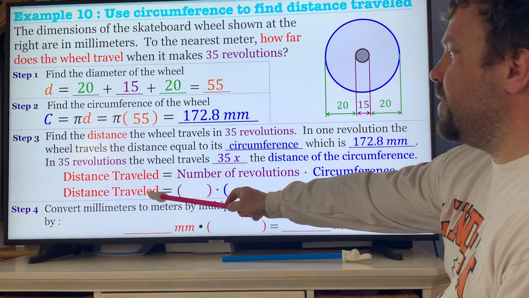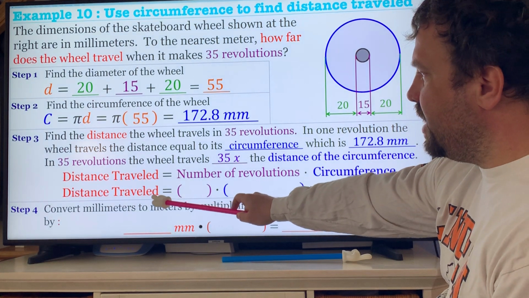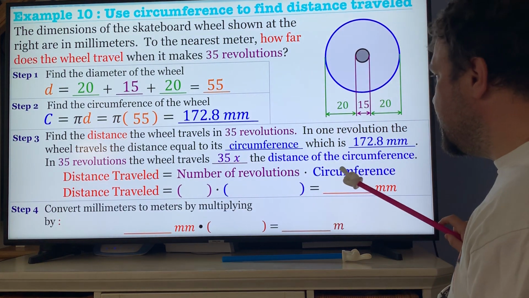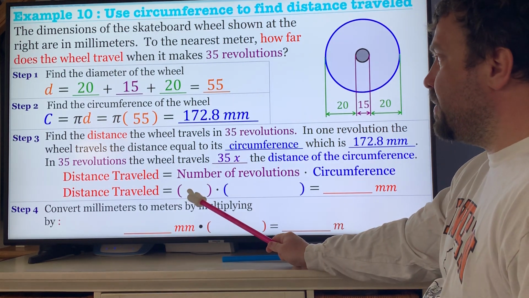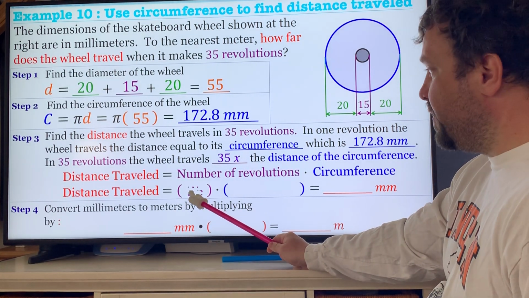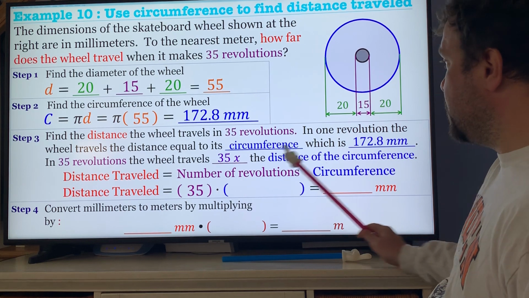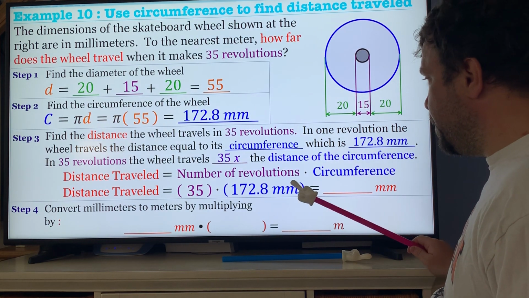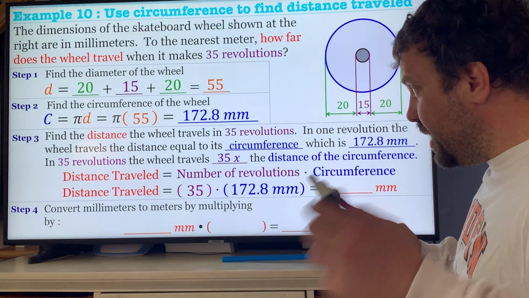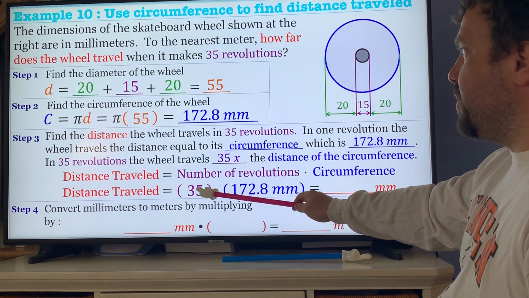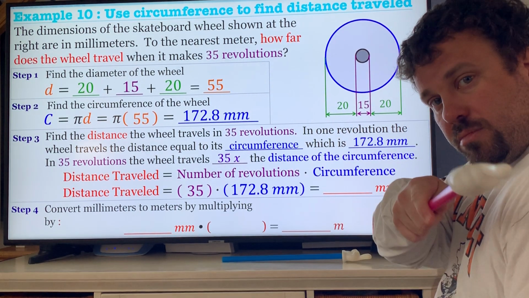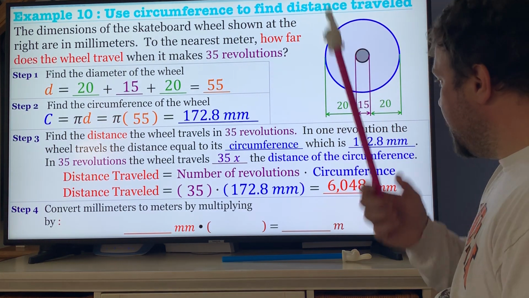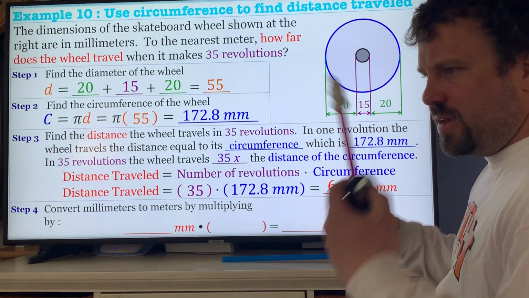So the distance traveled, and this is a formula that's really good to know, equals number of revolutions times the circumference. How many revolutions? 35. What's the circumference? 172.8. Now you don't have to use any pi's anymore because we've got it all here. 35 times this. Good. 6,048. I just rounded because you don't have to get totally crazy.